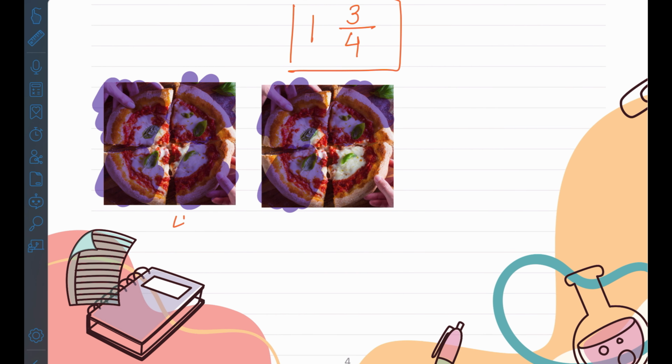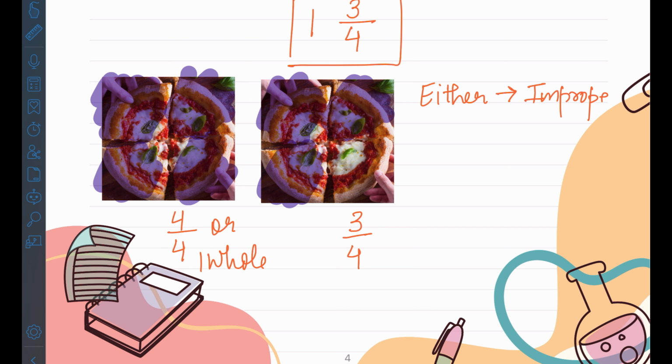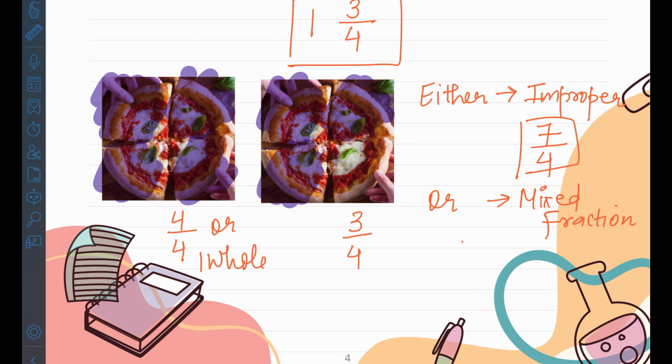And from the second one, 3 parts have been eaten, which is shown as 4/4 or 1 whole and 3/4. So this is represented either as an improper fraction 7 by 4 or as a mixed fraction, which is 1 whole and 3 by 4.